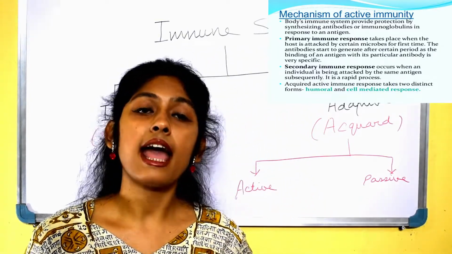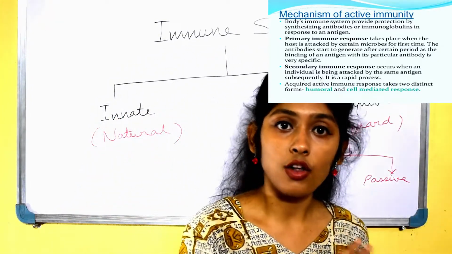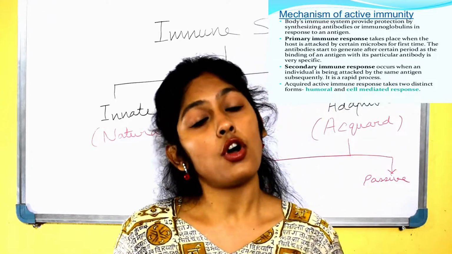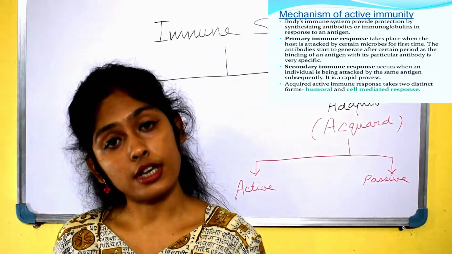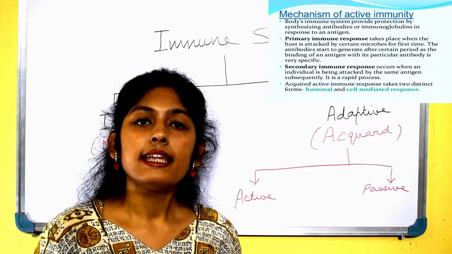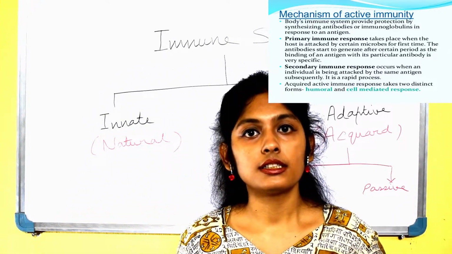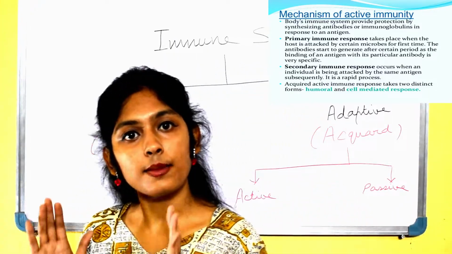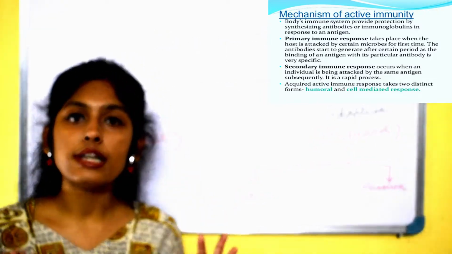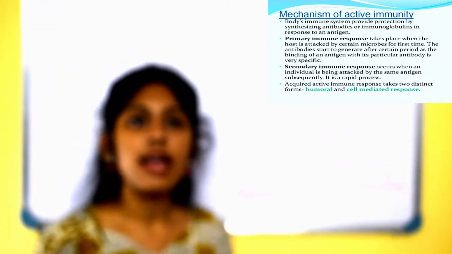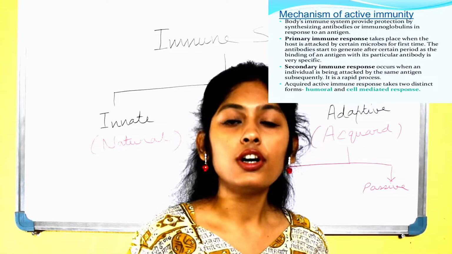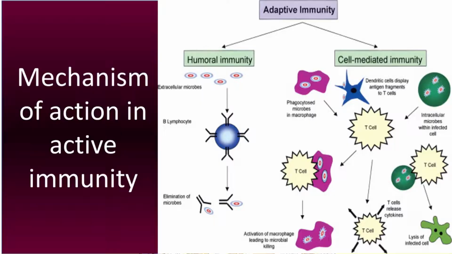Once developed, the active immunity lasts longer. This is called primary immune response. When an individual encounters the same antigen subsequently, the immune response is more rapid and stronger. This is called secondary immune response.